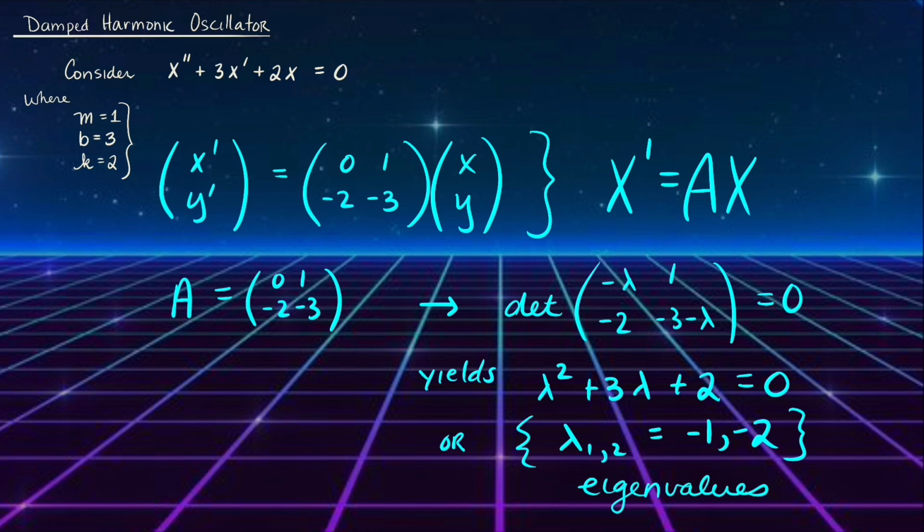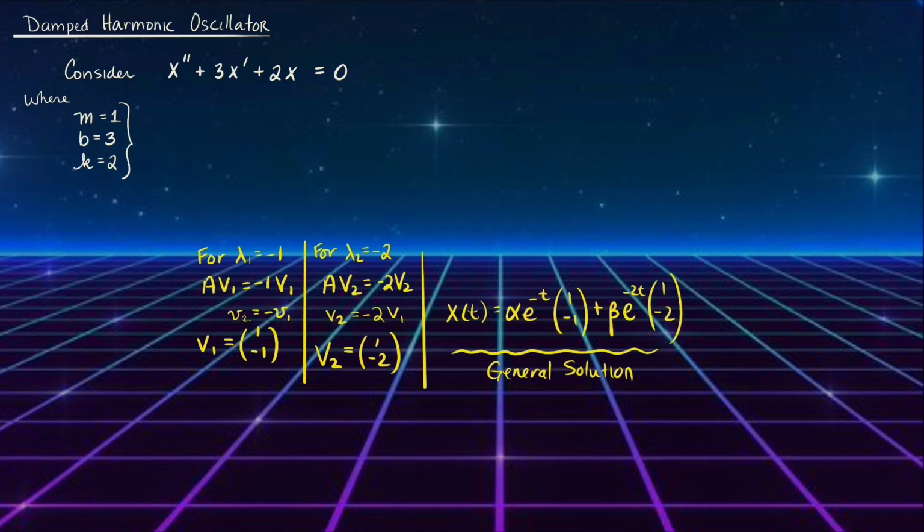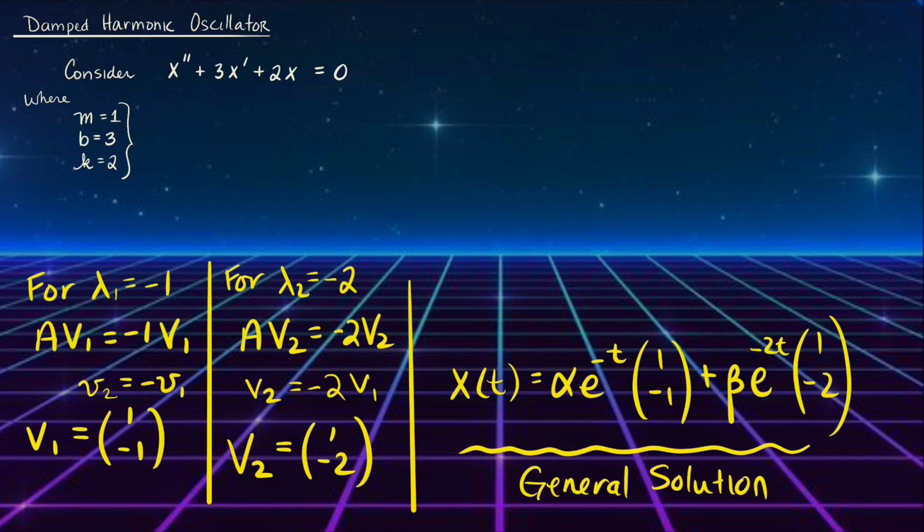From those eigenvalues, we then generate their eigenvectors by solving the eigenvector equation A times v equals lambda v. For the eigenvalue negative 1, we get the vector 1, negative 1, and for the eigenvalue negative 2, we get the eigenvector 1, negative 2. Thus, we can generate a general solution of the form x equals alpha e to the negative t times 1, negative 1, plus beta e to the negative 2t times 1, negative 2.